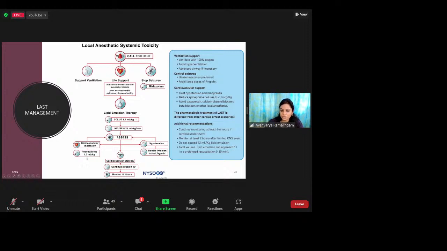We'll repeat the bolus at 1.5 ml per kg, and we have to assess for hypotension also. We should continuously monitor, at least for 2 hours after the patient becomes cardiovascularly stable. We should not exceed 12 ml per kg of lipid. In prolonged resuscitation, the total volume of the lipid emulsion can approach even 1 liter.